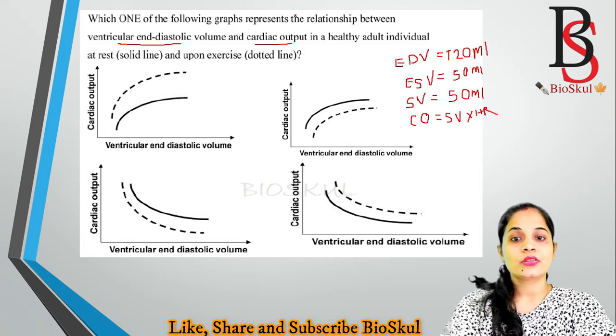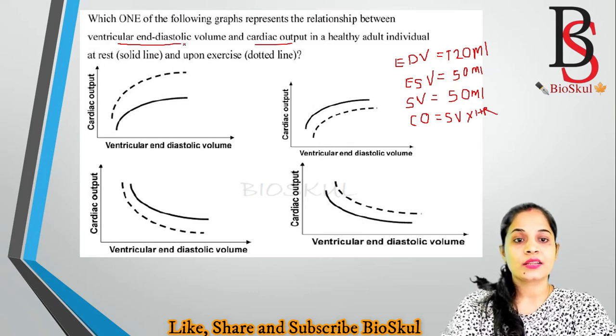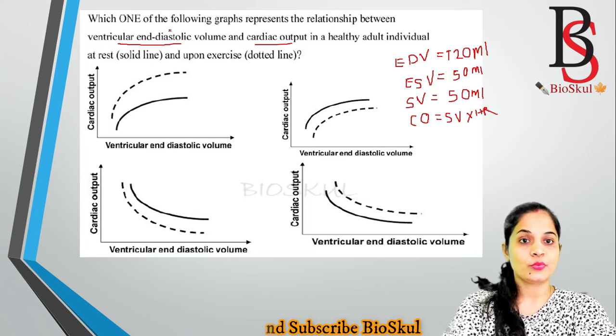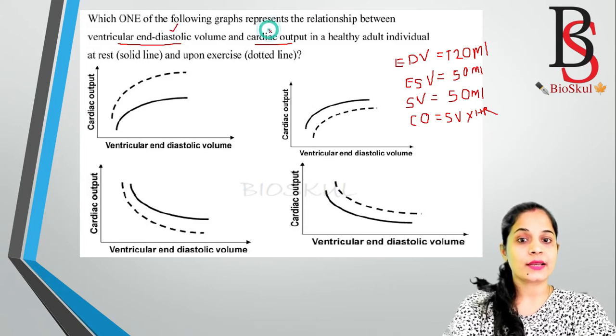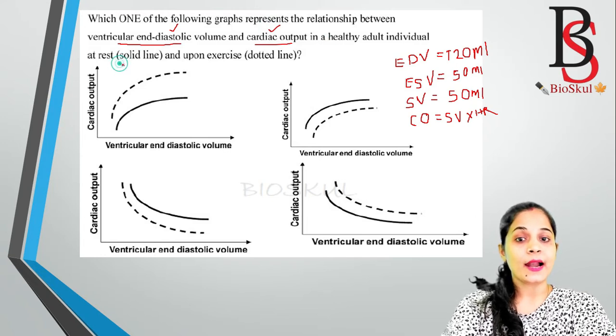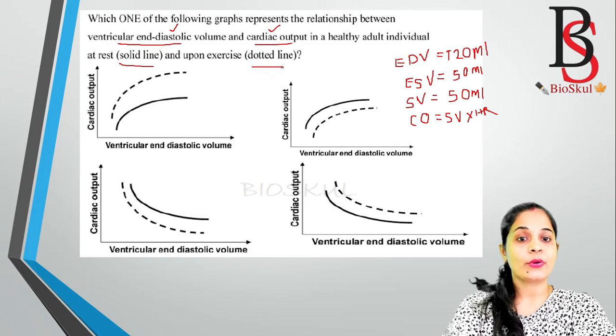So here in the question, it represents the relationship of ventricular end diastolic volume and cardiac output. So hope you understand what end diastolic volume and cardiac output are. In a healthy adult individual, at rest it is represented by the solid line, and upon exercise it is represented by the dotted line.